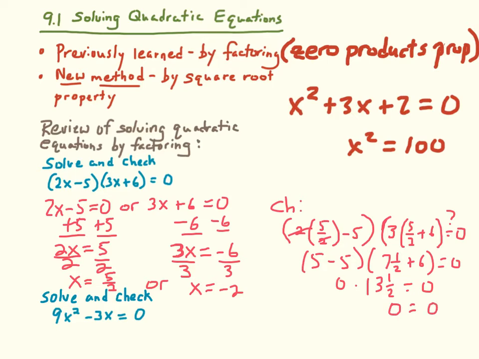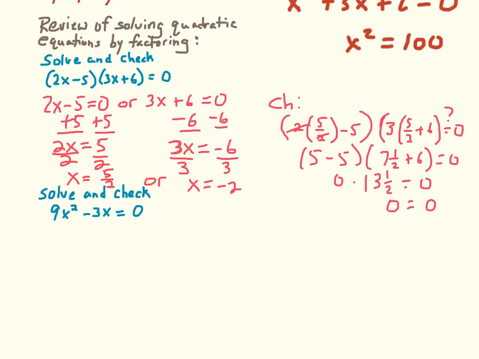And then the other one, that's going to be, I'm sorry, not 3, it's going to be 2 times negative 2 minus 5, times 3 times negative 2 plus 6, does all that equal 0?